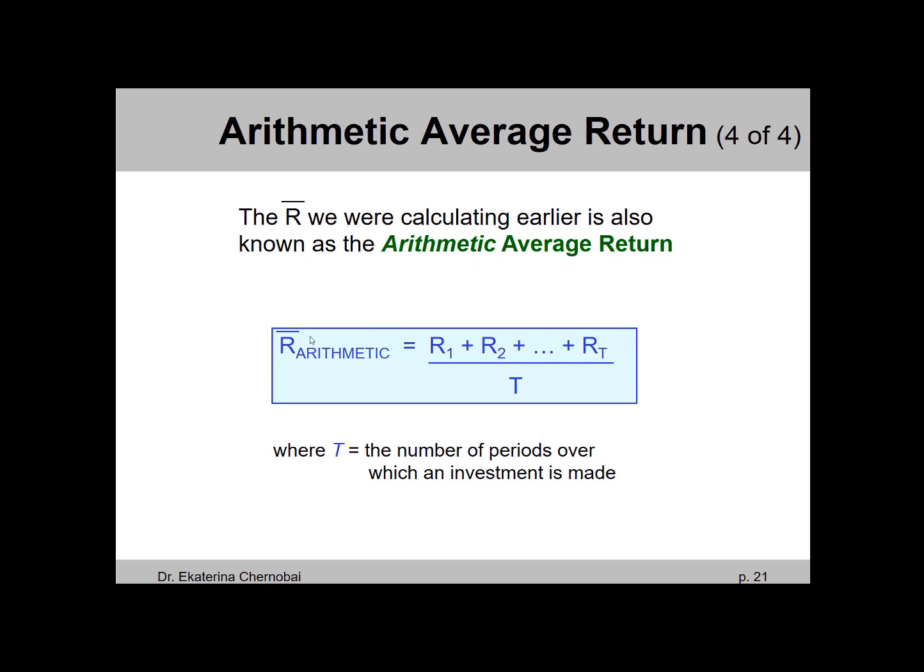If you want to calculate the average return, R bar, we add the return for year 1, the return for year 2, and so on, all the way to the return in the last year we are looking at, which is year T, and divide by how many returns we've just added up, which is T returns. That's the arithmetic average return formula.